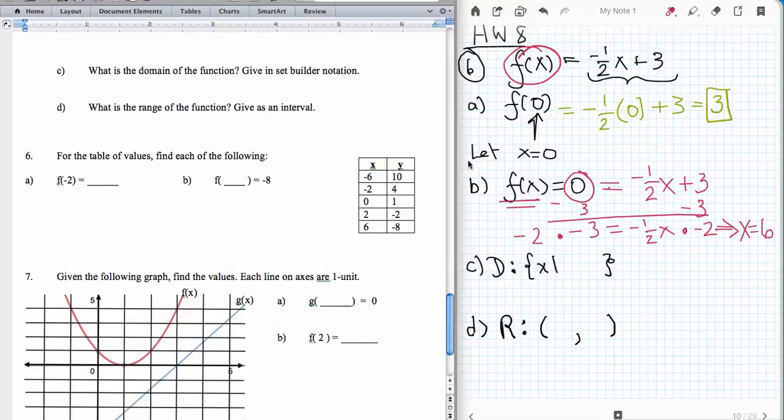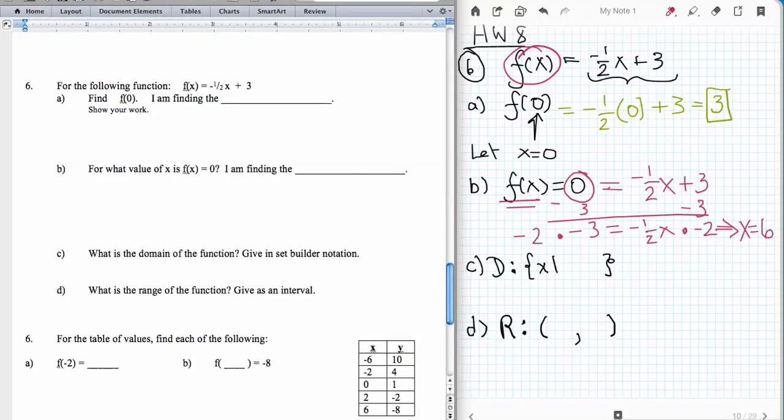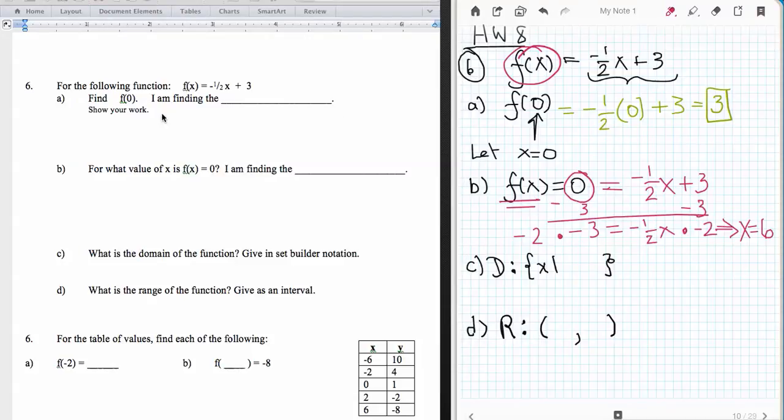Now I'm pretty sure that these two problems were not those, but this one up here. Part A also asks us, what am I finding when I'm doing f of 0? The answer to that question is that this is when x is equal to 0. That is the constant value in slope-intercept form, or the y-intercept, right? So I'm finding the y-intercept when I'm finding f of 0.